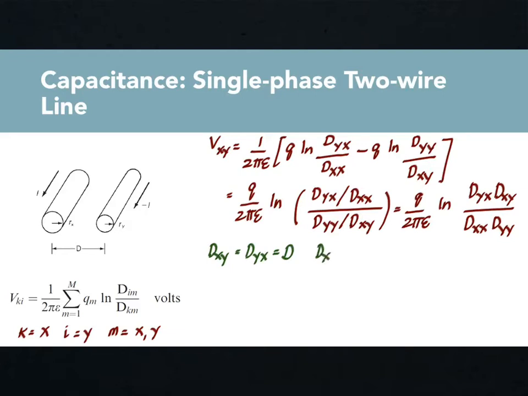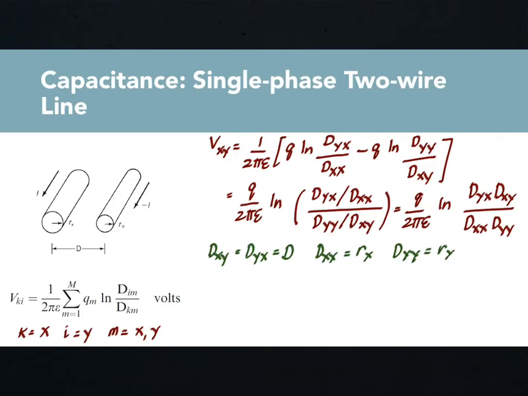Now for our dxx, we'll rename it as Rx, since it is the self-distance, XX, so it will be Rx. That simply is the radius. And then your dyy is Ry.